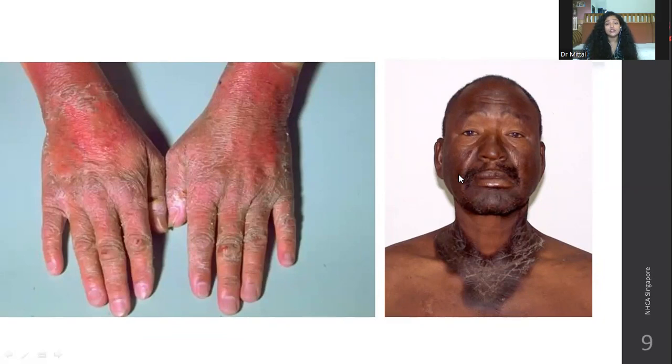So the diet is also substandard, and because of which Casal's necklace, a kind of vitamin B3 deficiency, is usually seen in inmates. You can see this distinctive color change at the collar region of the neck. This is called Casal's necklace.